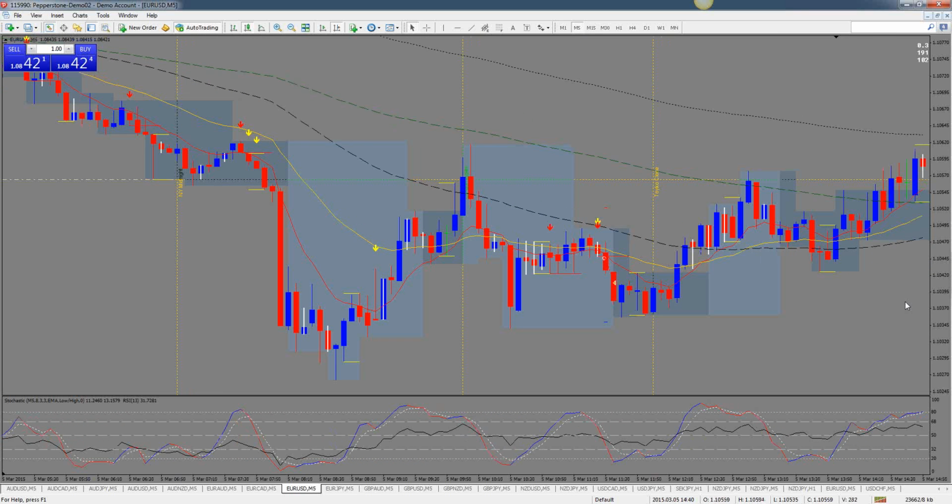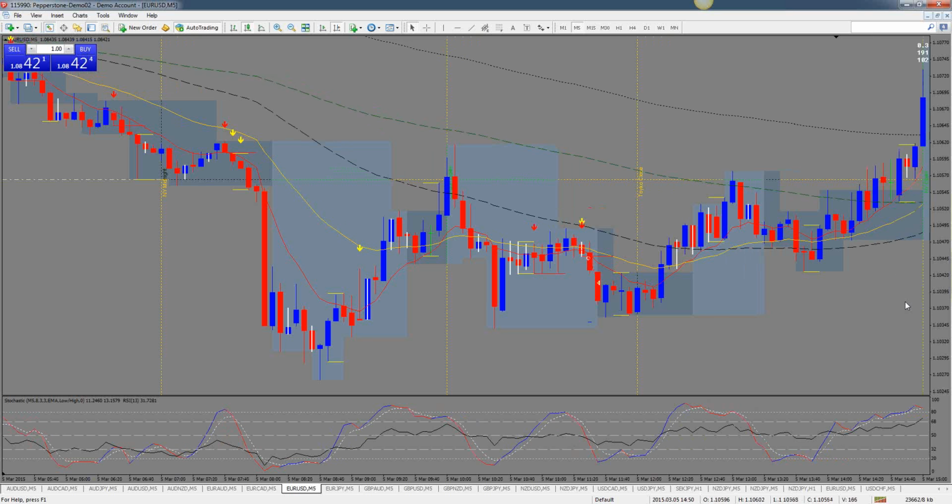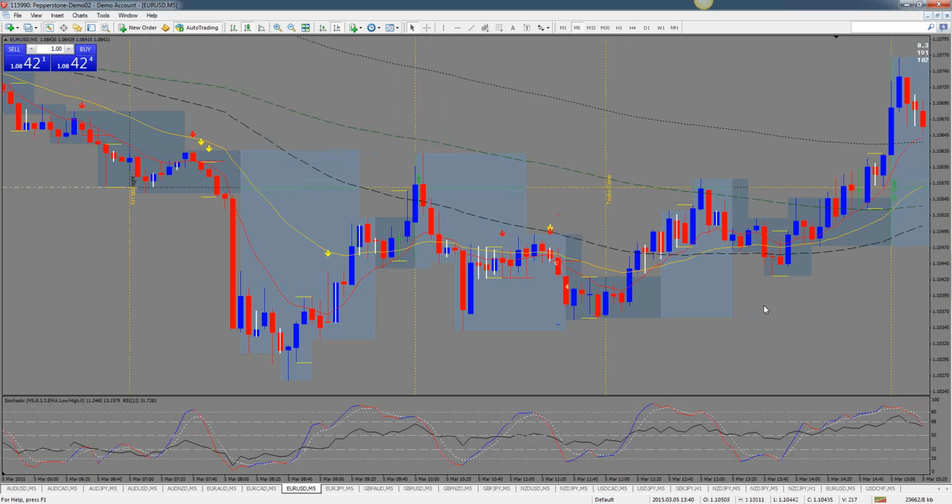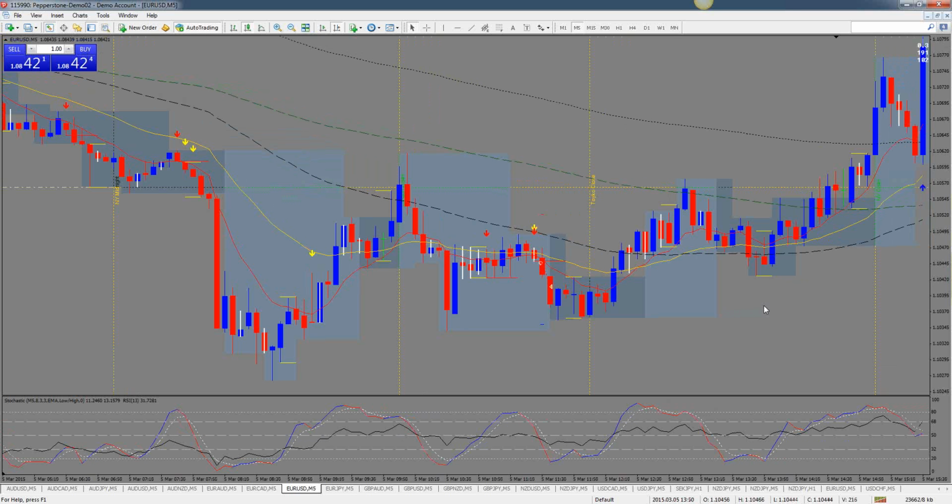All right. We had an inside bar long here, but again, it's against most of the moving averages. You know, obviously, if you'd have taken it, you could see that it would have been a successful trade. However, we're not doing counter trend trades. So, all right.